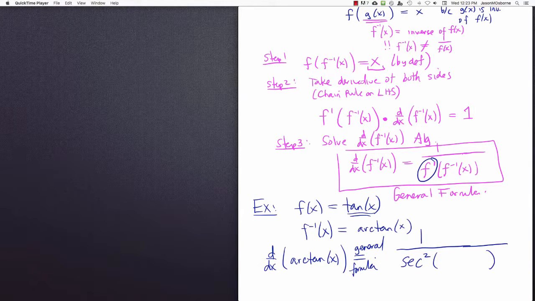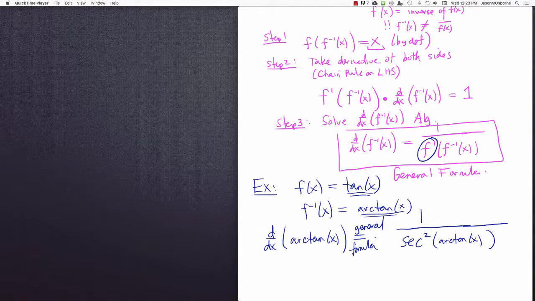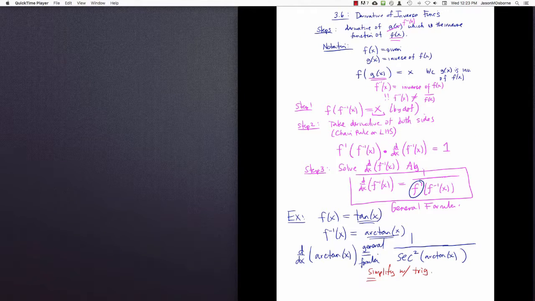Then we need to evaluate at the inverse function itself, which is at the arctangent of x. Our job now is to simplify a little bit with trigonometry, and that's what I want to do on the next slide. We've done one example of this in class, but I'd like to do another one now.